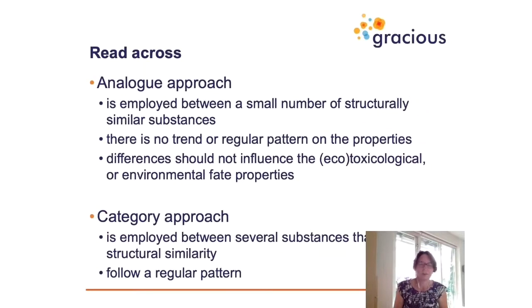Anyway, a few other important terms are analog approach and category approach. An analog approach is used between a small number of structurally similar materials. So there's no trend or regular pattern in the properties of those materials, and the differences between the different substances should not influence their toxicity and fate properties. A category approach is employed when several substances follow a similar pattern.